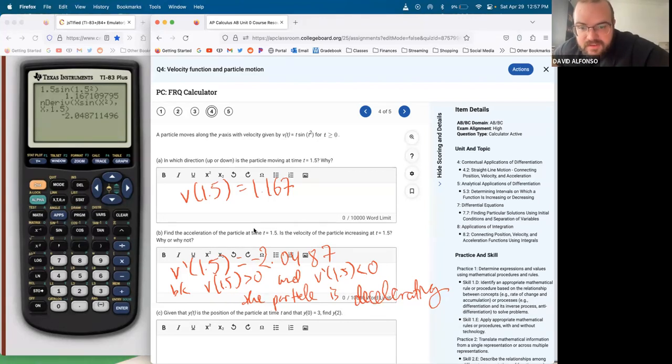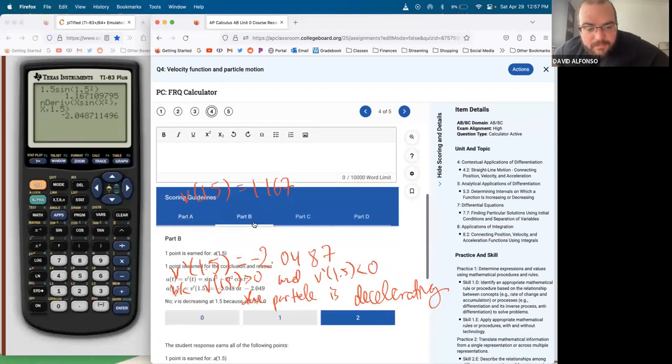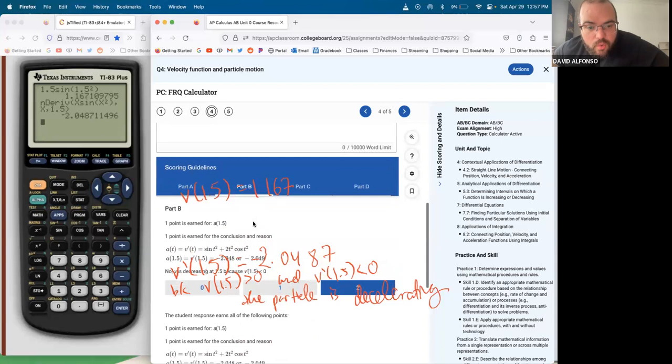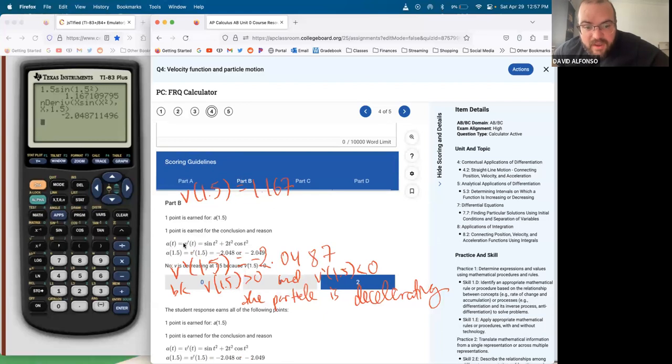So its velocity is decreasing. If you're decelerating, your velocity is decreasing. Let's see what they say here. One point earned for saying a of t is v prime of t. You can say a of t, but you have to justify that it's v prime of t.